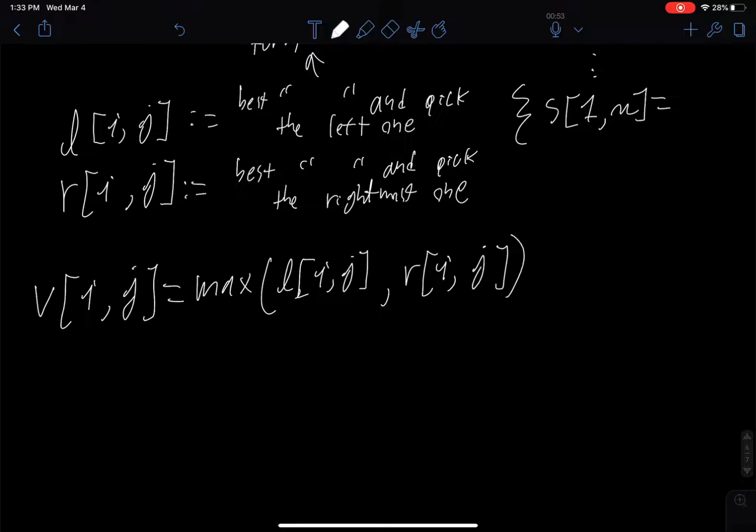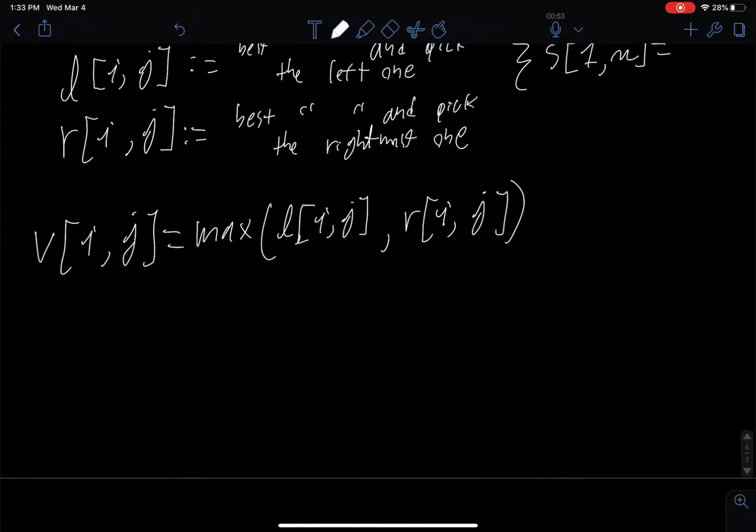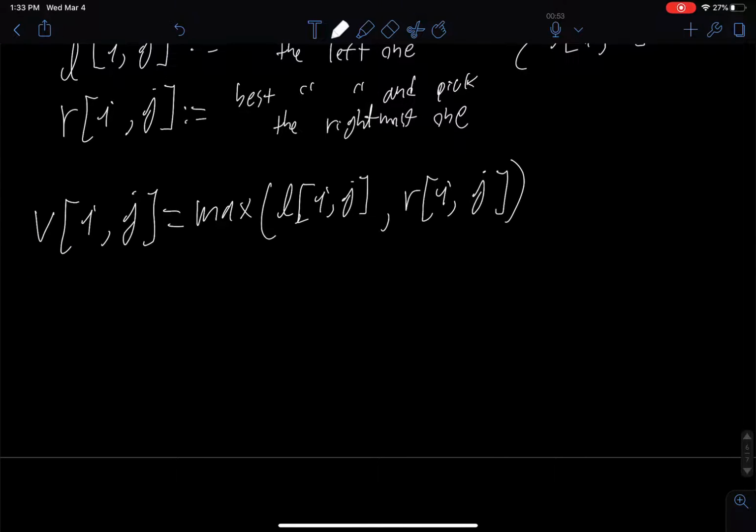The best score we can obtain when we see cards i through j is the maximum of the best we can obtain choosing the left and the best we can obtain choosing the right. Now, let's see if we can express L sub ij and R sub ij in terms of smaller subproblems. Let's start with L sub ij.